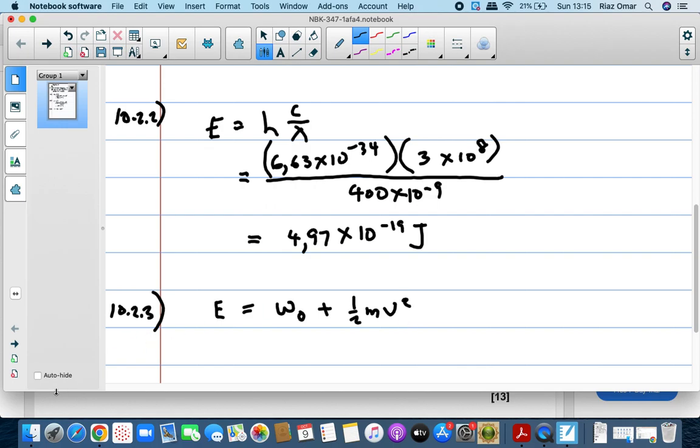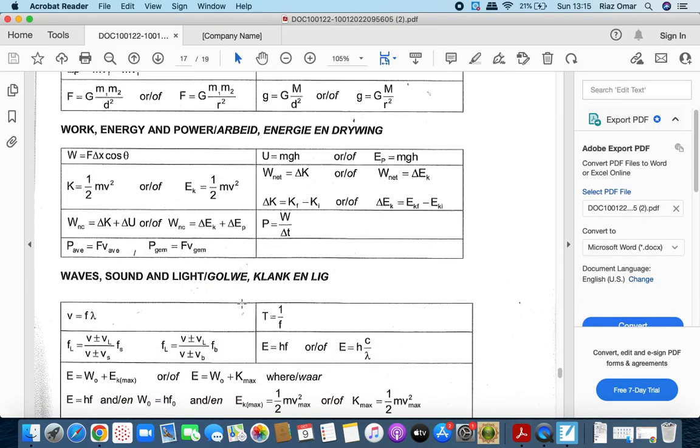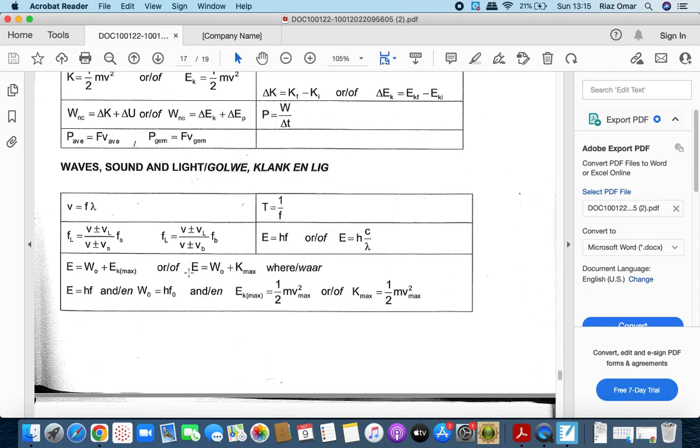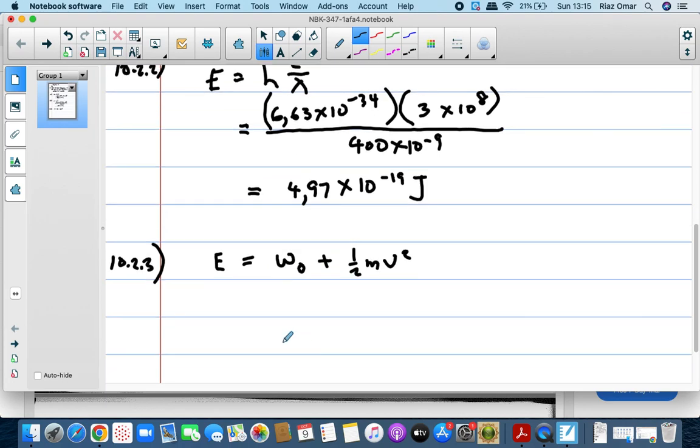To check that, you can go here. It may be on the data sheet, or you may have to derive it. Here you can see E equals W0 plus EK max, where EK max equals half mv squared. So E equals W0 plus half mv squared.